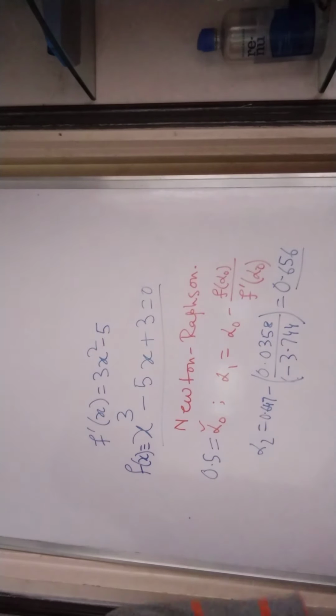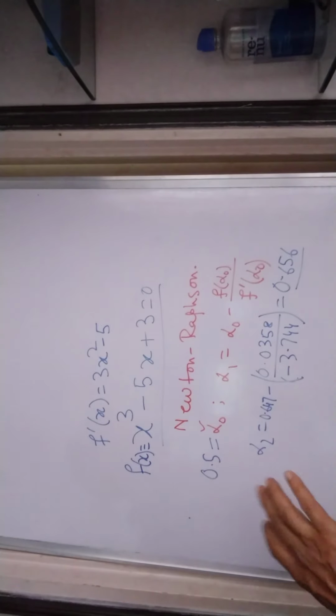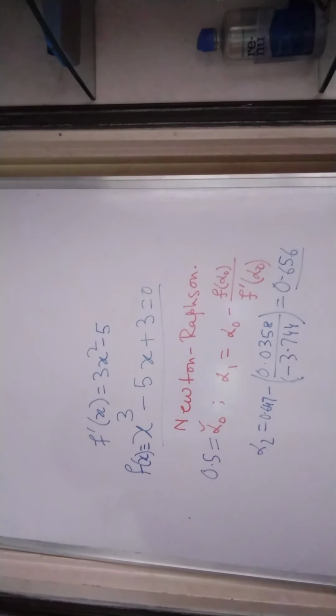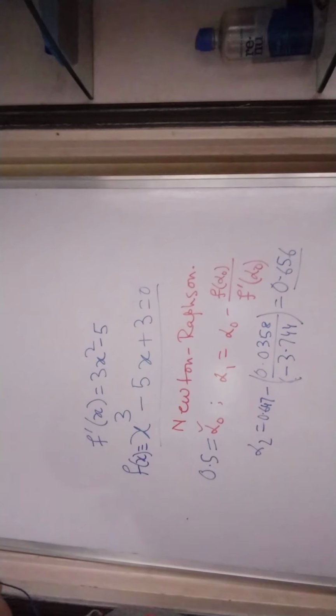If you want to make it more precise, you will have to do this repeatedly to get up to 3 decimal places. So that is a comparative study of two methods, the bisection method and the Newton-Raphson method, to find the roots of a nonlinear equation.